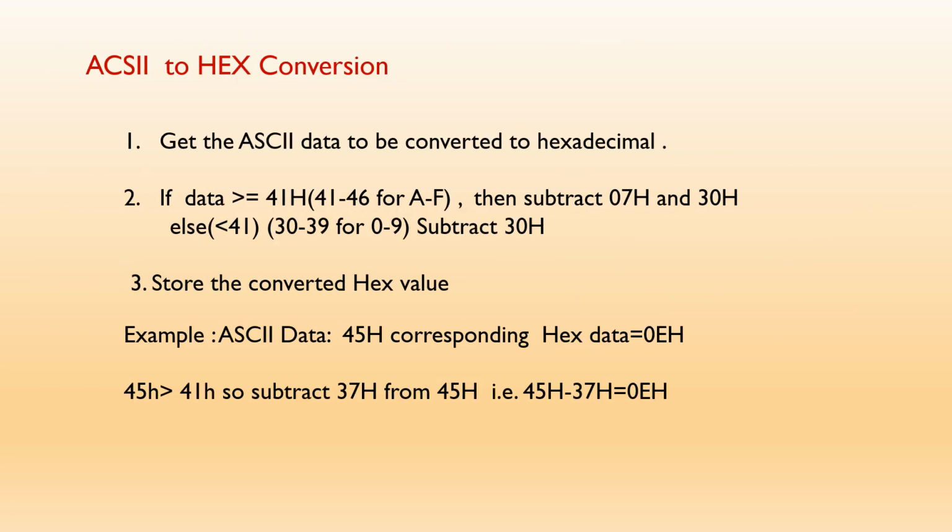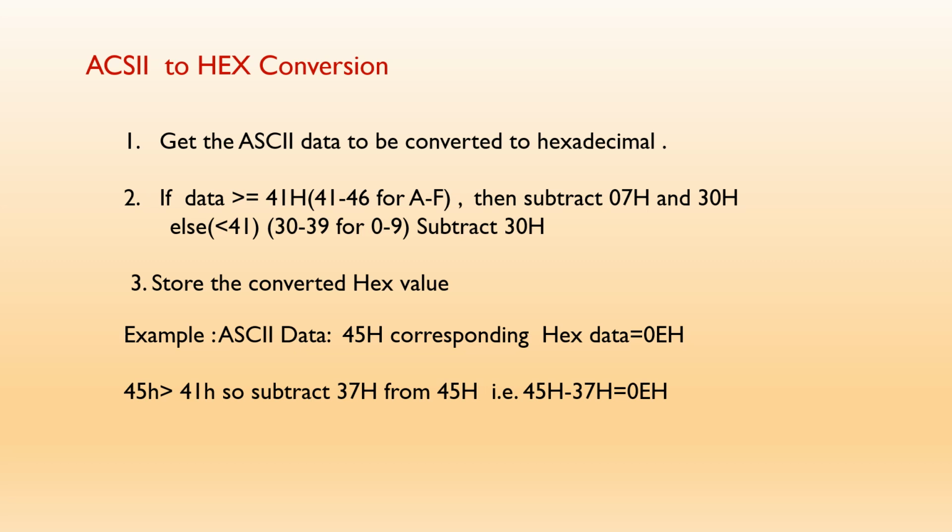Next we'll see how to convert ASCII to hex. We'll take a single ASCII data and convert it to hex. To convert ASCII to hex, we'll check whether the data is greater than or equal to 41, because if it is, then it is for A to F. If it is less than 41, then it is the ASCII value for 30 to 39, which stands for 0 to 9.